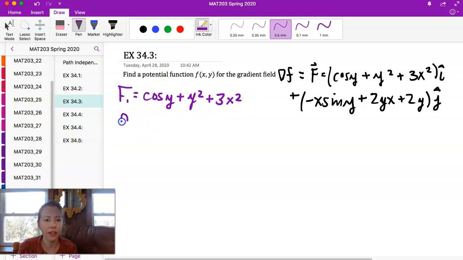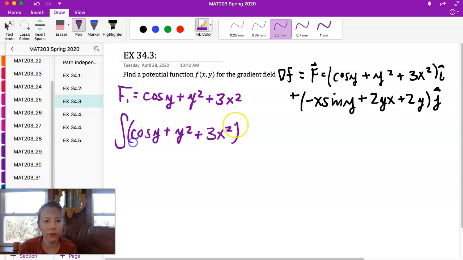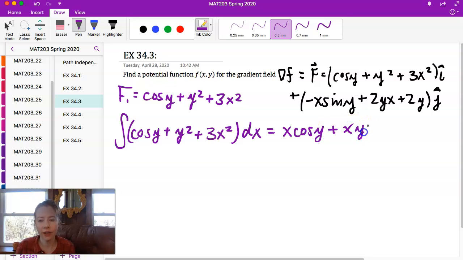And so if we integrate that with respect to x, we get x cosine y plus x y squared plus 3x cubed over 3, so just x cubed, plus some g of y.